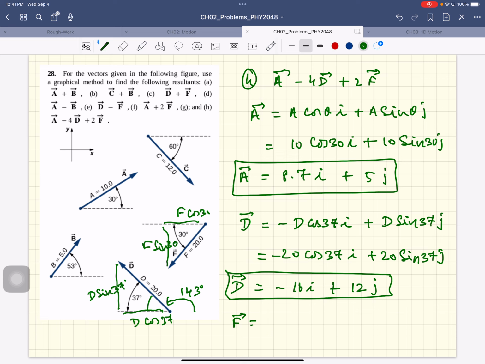So F is minus 20 cosine 30 i minus 20 sine 30 j. Everybody understand that? So this will work out to be 17.4 i minus 10 j.